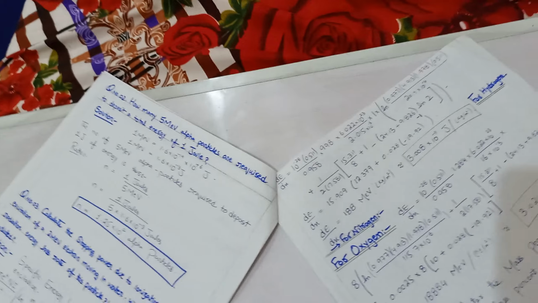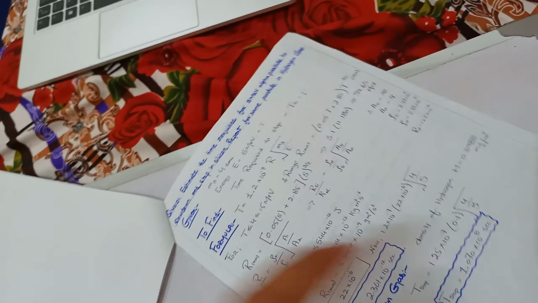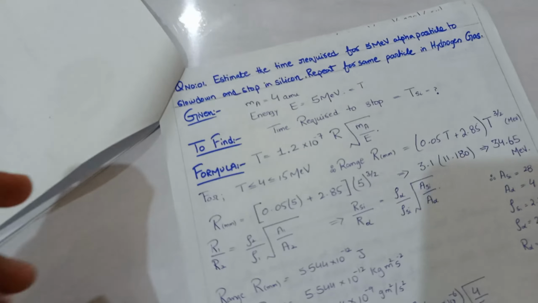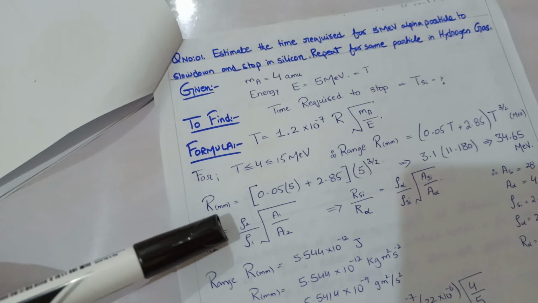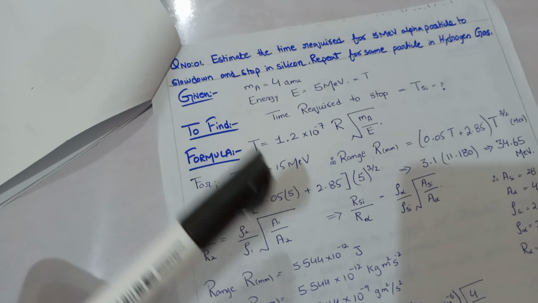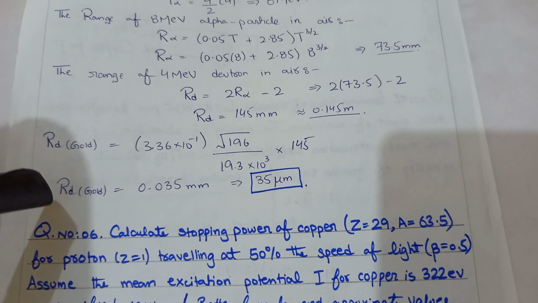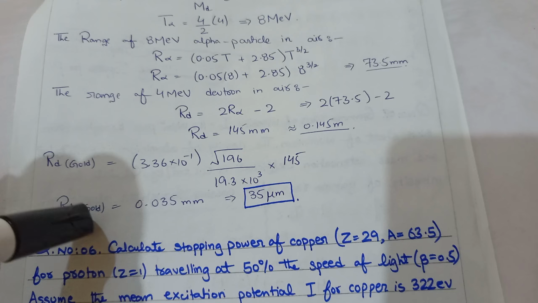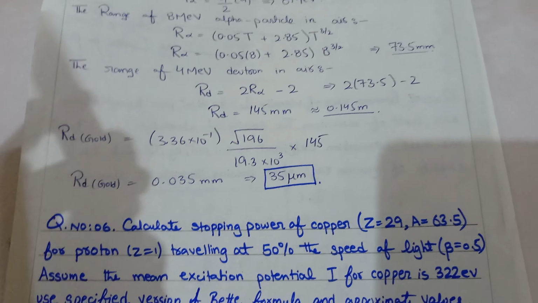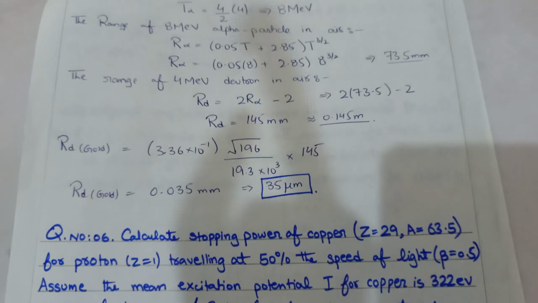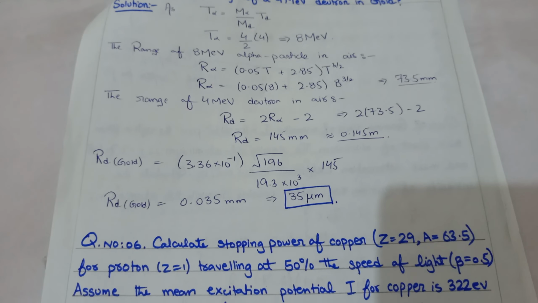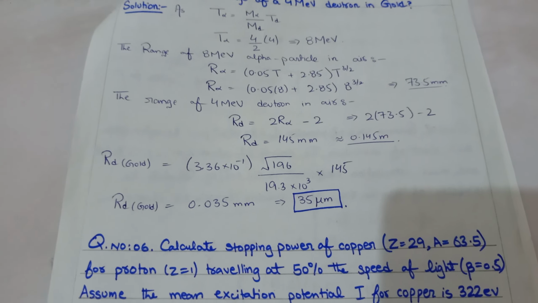This formula, R1 by R2 equals rho 2 by rho 1 under the root A1 by A2, I have to use here, and I will get my final result for the stopping range of deuteron in gold. So this is 0.035 millimeter, which is equal to 35 micrometer.